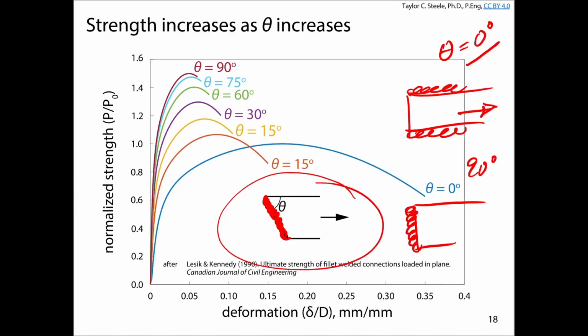But we're also going to reduce the deformation capacity. And so we're increasing the strength by upwards of 1.5 times from whatever it is here, but we're also decreasing the ductility of that connection.